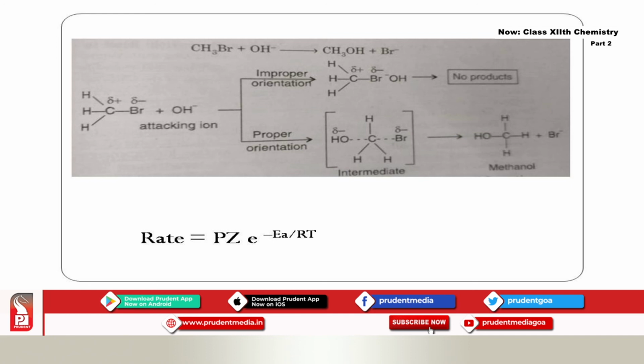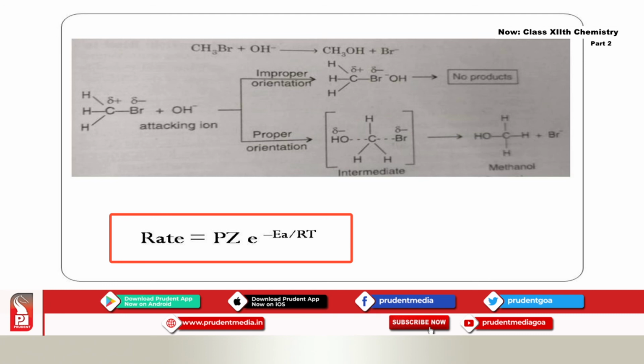Now, the rate can be written according to collision theory as P Z e raised to minus Ea upon RT. We have already discussed this factor, Z e raised to minus Ea upon RT, in the earlier slide. Z is nothing but the collision frequency, and P here is known as the steric factor, which is going to look at the orientation of the molecules.